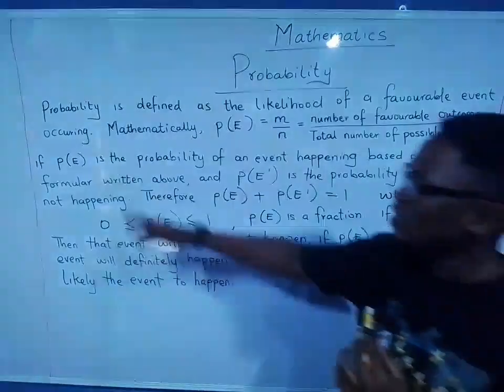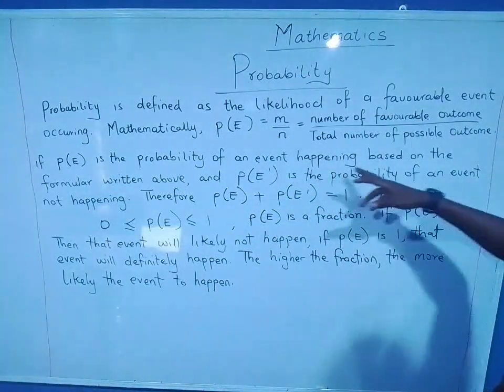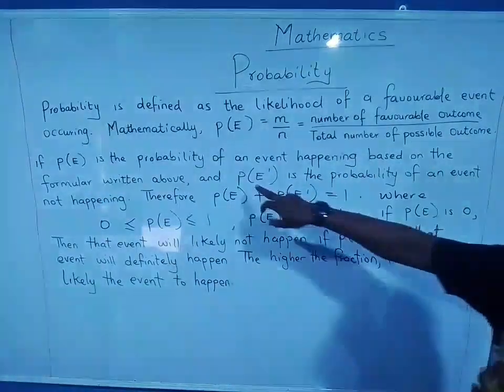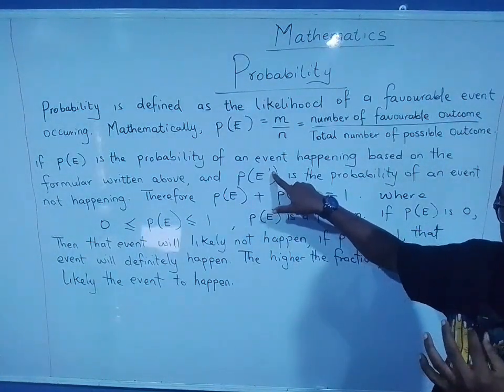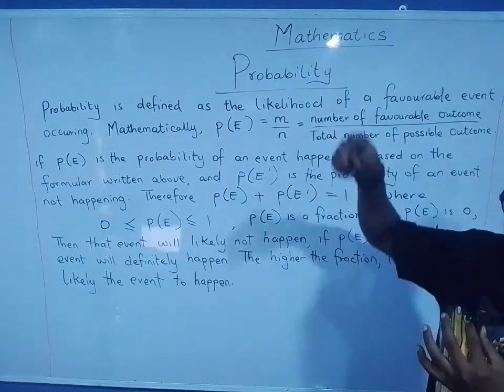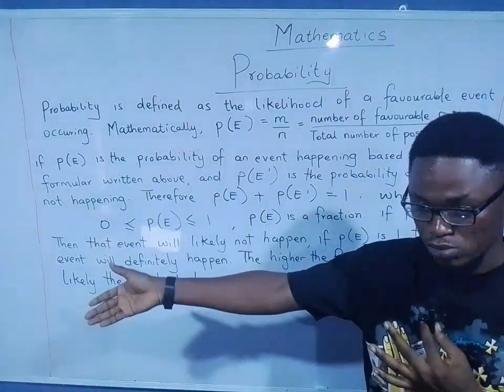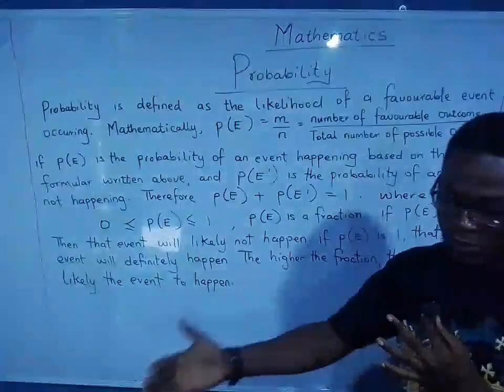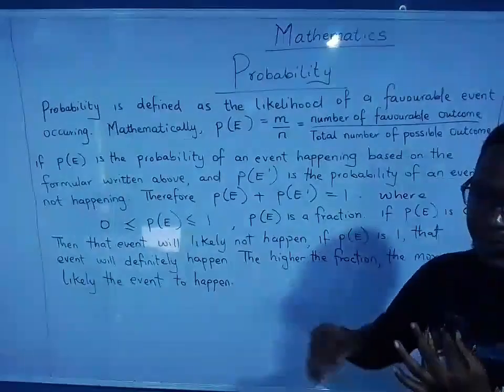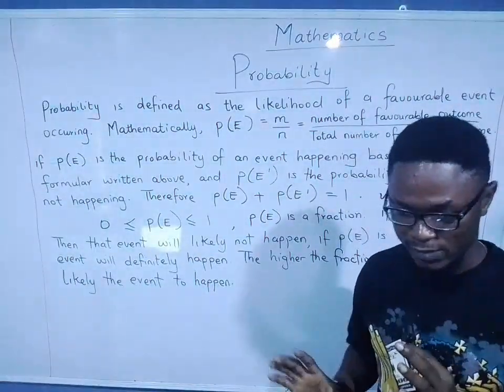Moving on, I said if P(E) is probability of an event happening based on this formula, then when you put this symbol, it means complement, it means not. So if I say P(E), probability of a boy, once I put this symbol, that means probability of not a boy.